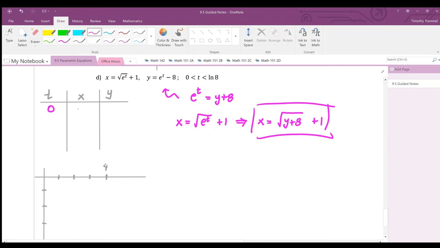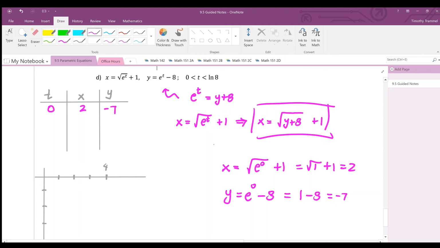If we let t equals 0, we get x is equal to the square root of e to the 0 plus 1. And e to the 0 is just 1, so this is the square root of 1 plus 1, so this is 2 for x. And y is going to equal e to the 0 minus 8, which is 1 minus 8, which is negative 7.